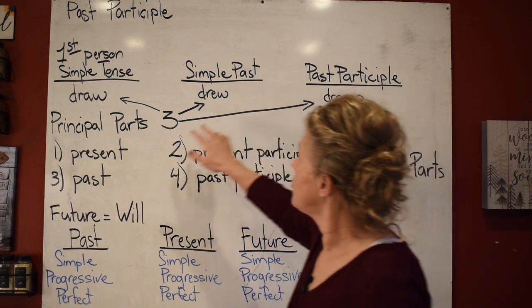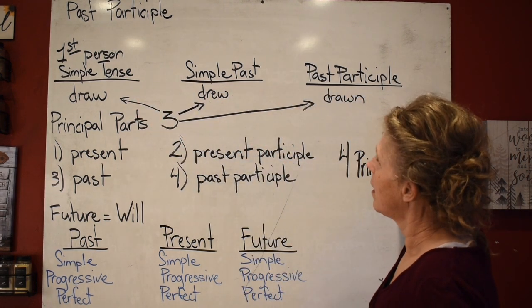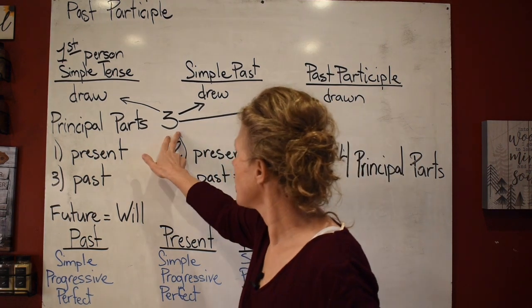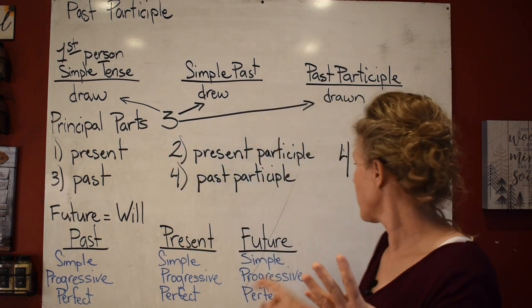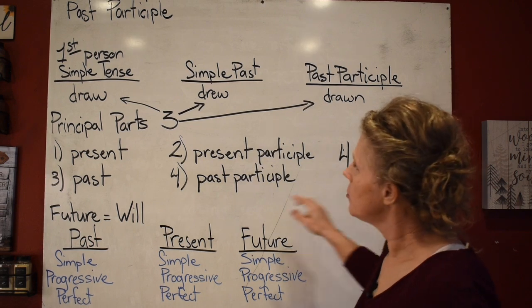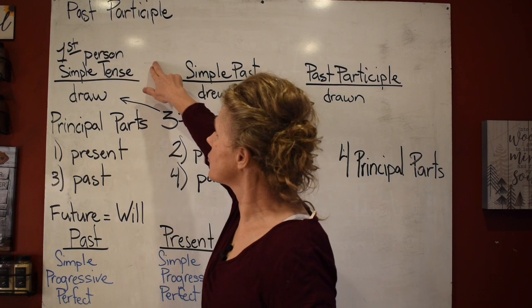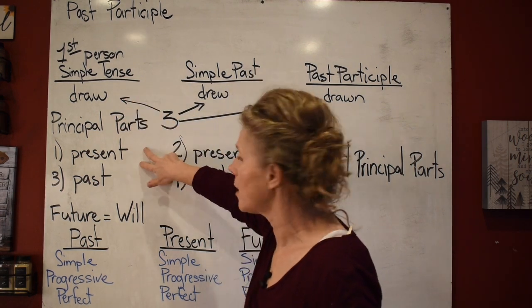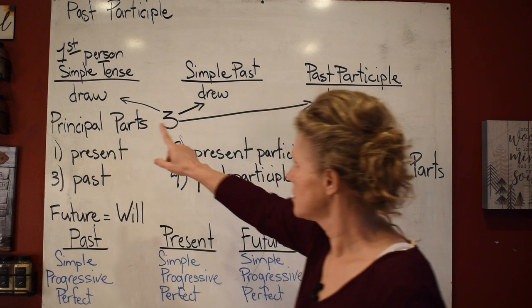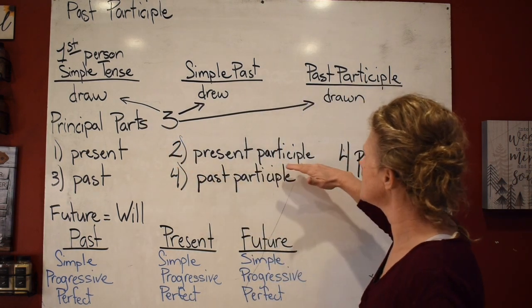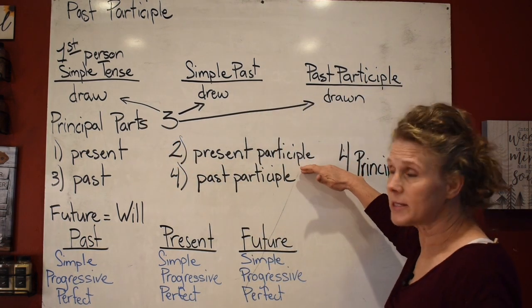Now these are 3 of the principal parts, but there are 4 principal parts. The first one is the present, which is your first person simple tense of draw. That's your first principal part. The second is the present participle.